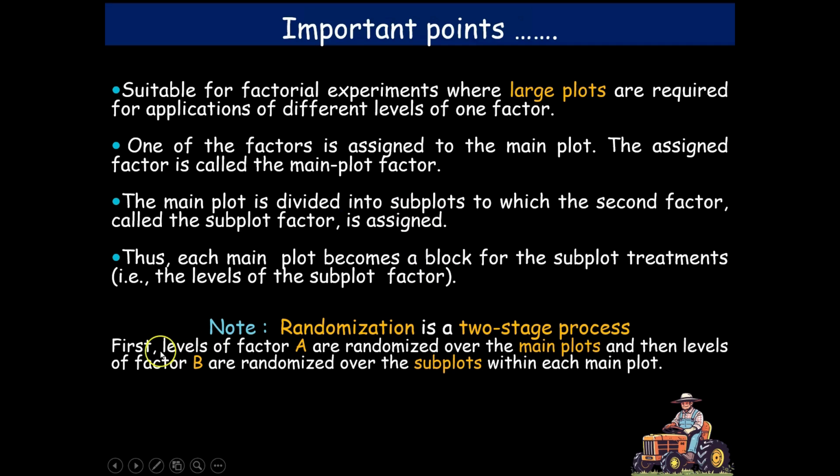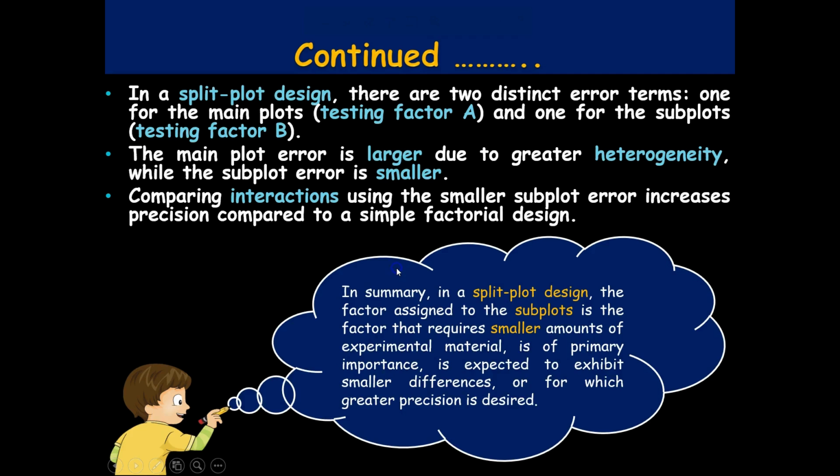So first, the levels of factor A, the main plot, are randomized over the main plots, and then the levels of the other factor are randomized over the subplots within each main plot. In this design, both factors are evaluated with unequal precision, with more precision given to the subplots and less precision to the main plots.